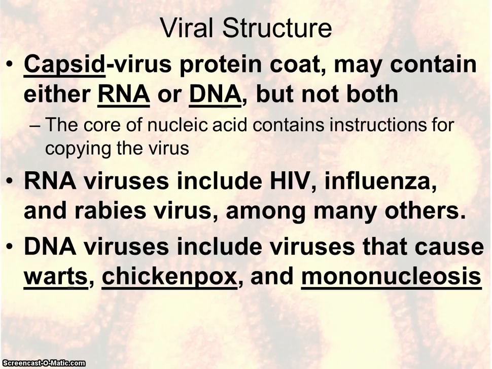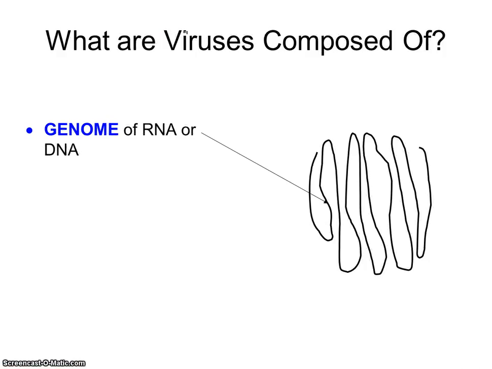They've started that within the last few years or so. But chickenpox is a DNA virus. And another common example that you could be exposed to within your lifetime is mononucleosis, or mono. That's a DNA virus. So those are just some common examples of RNA viruses and DNA viruses.